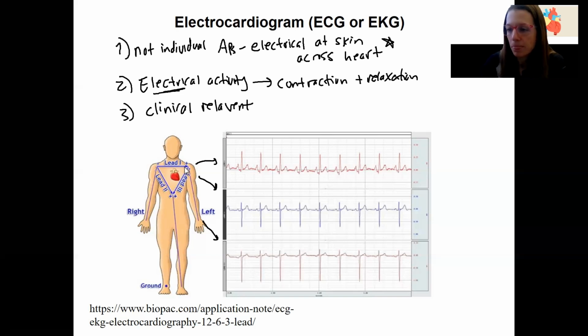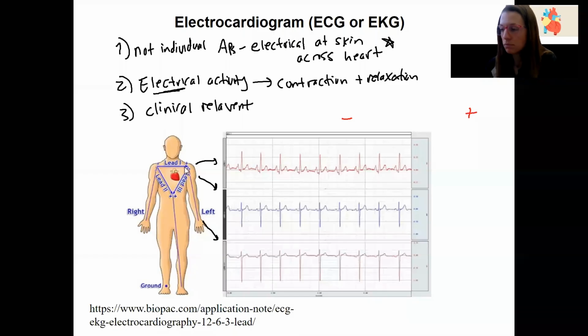Let me draw this out. So here I've got two different electrodes. One is negative and one is positive. So the electrodes themselves have a charge to them. You can see that on these here. And all the EKG is measuring is change in voltage towards positive or away from positive.